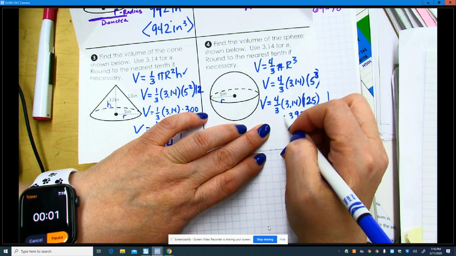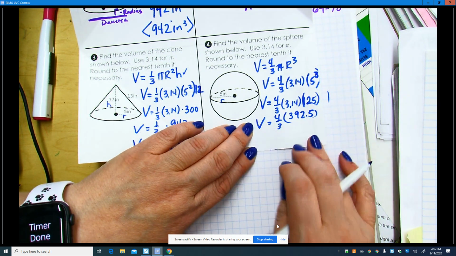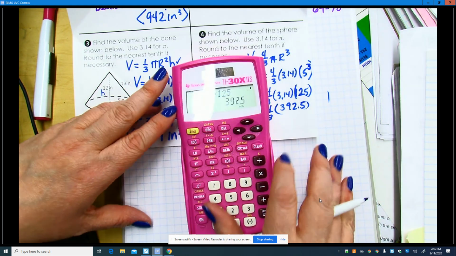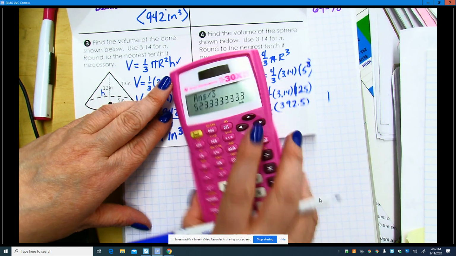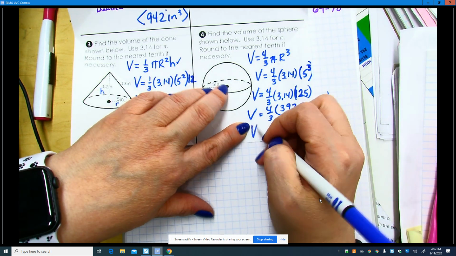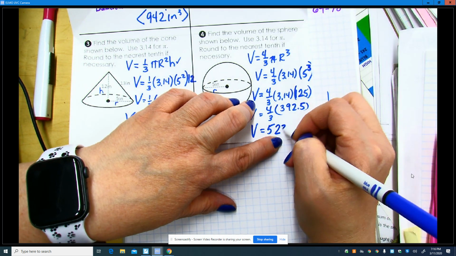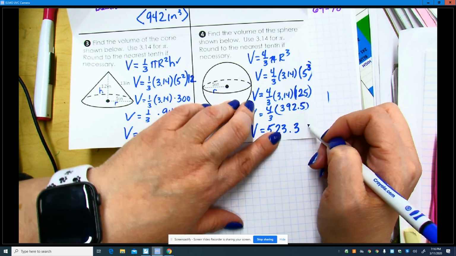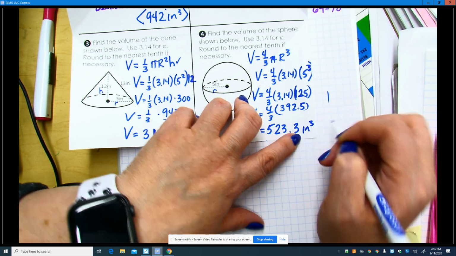And multiply that by 4/3. So if you're not sure how to do that, take this, multiply it by 4, and divide it by 3. So times 4 divided by 3, and we would wind up with a volume equal to 523.3333. So we're just going to say 523.3 inches cubed.